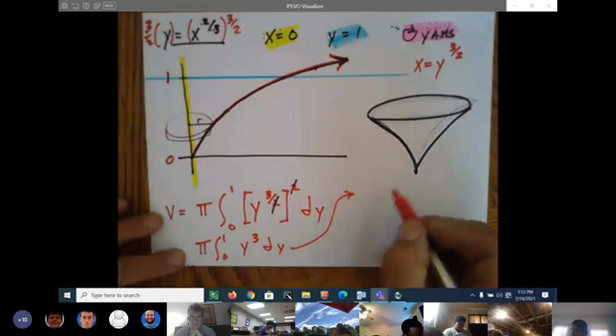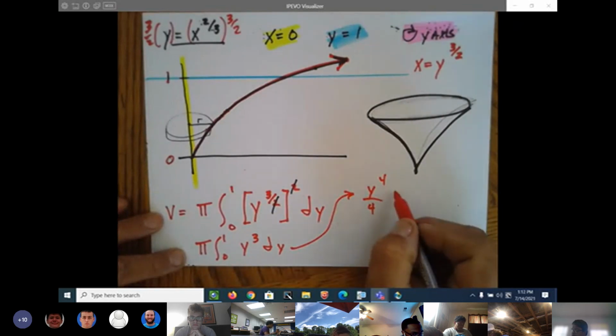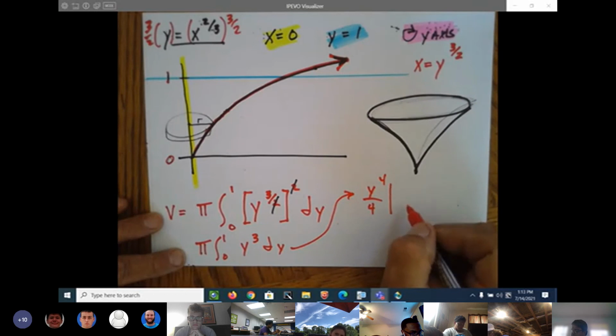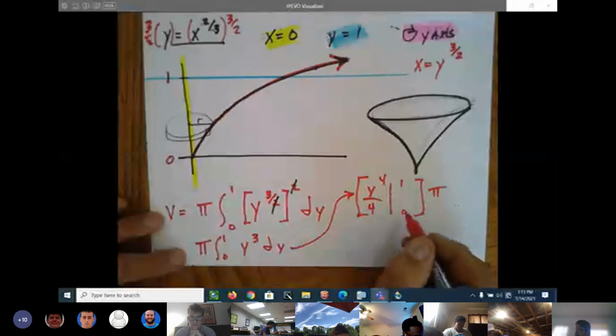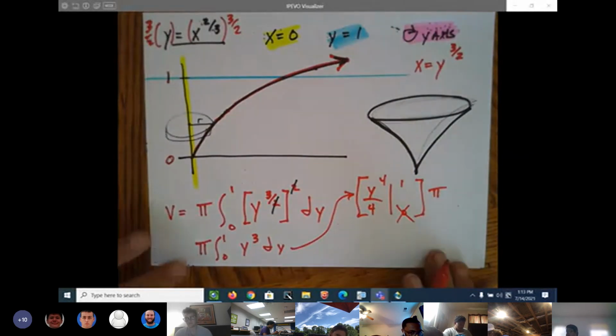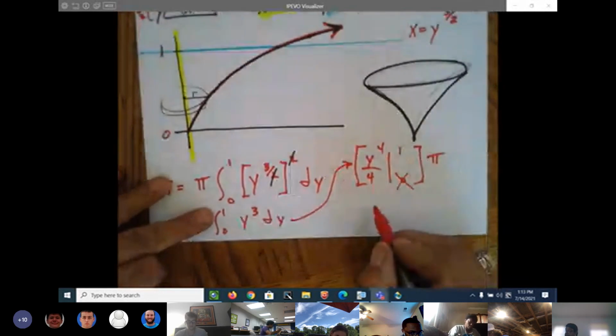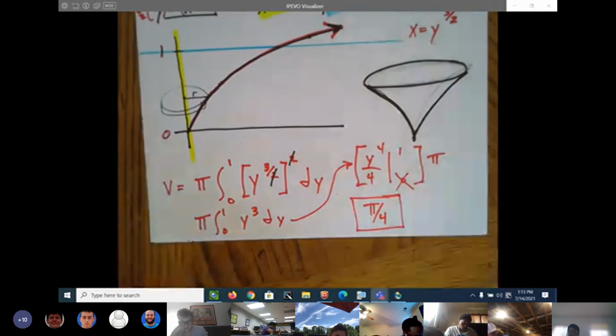And that's going to give you y to the 4th over 4, evaluated at 0 and 1, times pi. And the 0 cancels out. So that's 1/4, so pi over 4. This stuff ain't hard, is it?